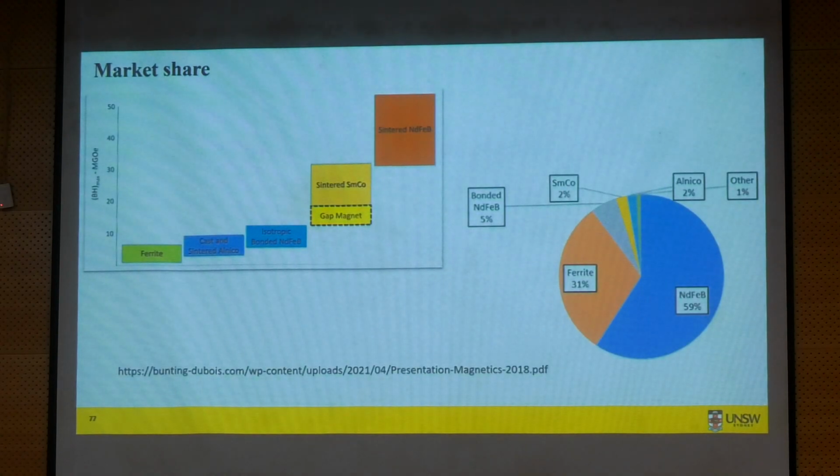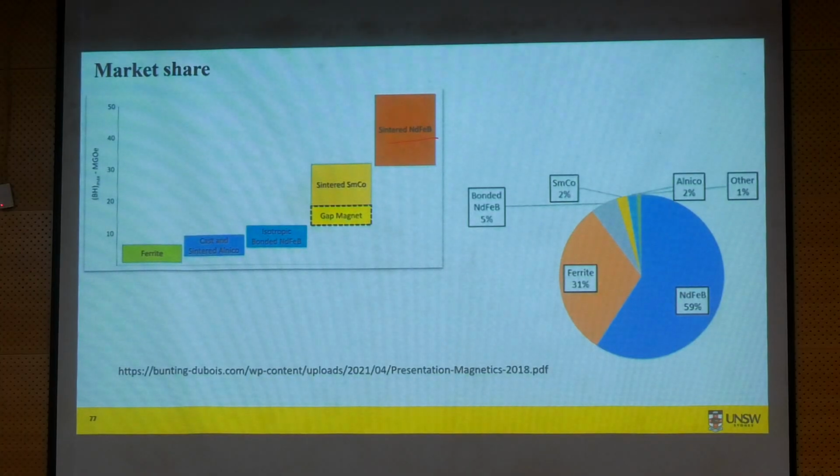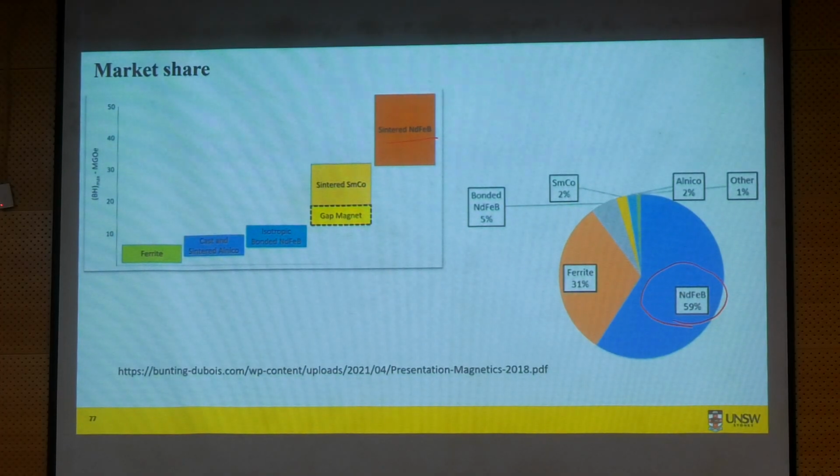If we look at the market share of these materials, you will again see that it's all neodymium iron for most of the high performance applications. Nearly 60% of the market share is neodymium iron.